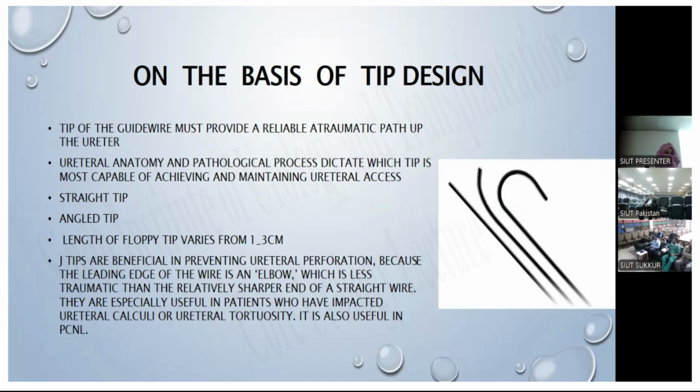Unless and until you have the knowledge of all 3 or 4 characteristics of a guide wire, you will not be able to properly have a result out of your procedure, whatever that procedure may be. It might be a simple procedure of DJ stent placement, or it might be a procedure like ECIRS. So it depends upon a guide wire.